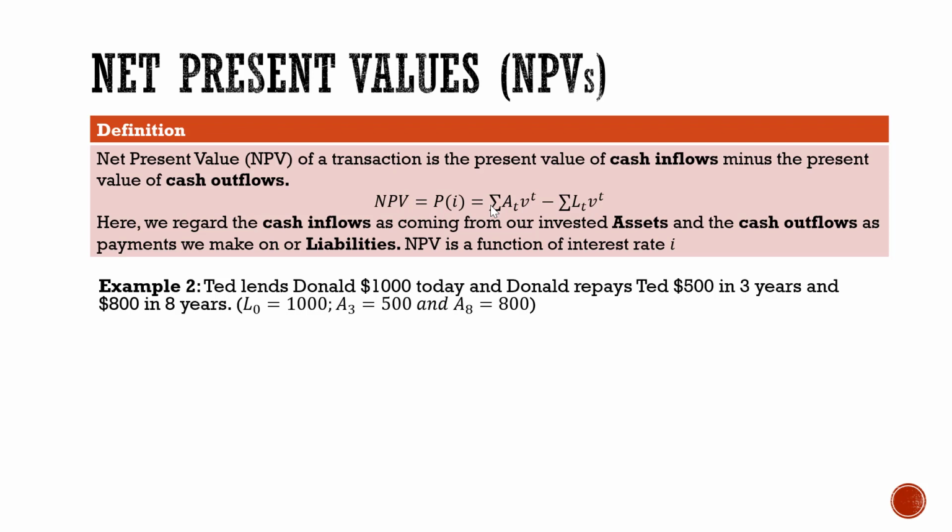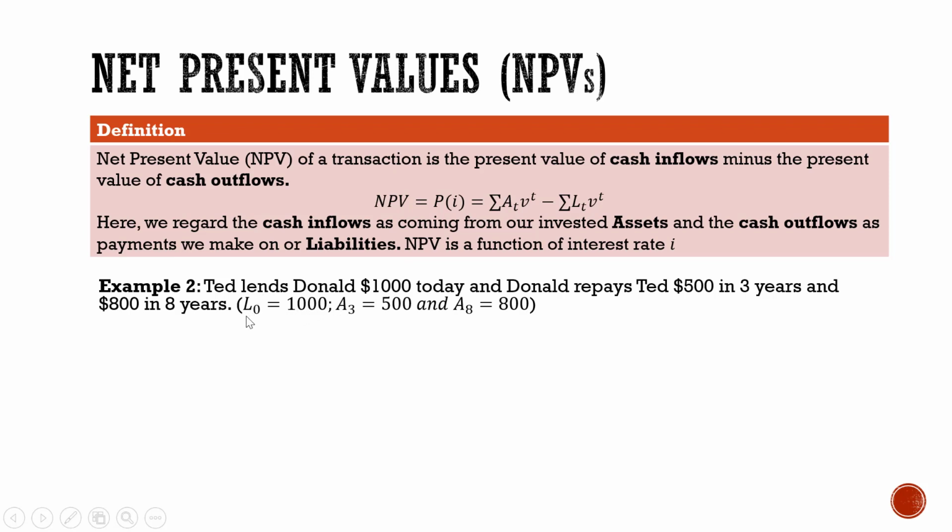Example 2. Ted lends Donna $1,000 today, and Donna promised to repay Ted $500 in 3 years and $800 in 8 years. So here 1,000 is the cash outflow and it is made today. So L_0 is 1,000.